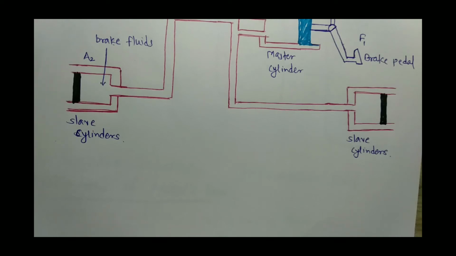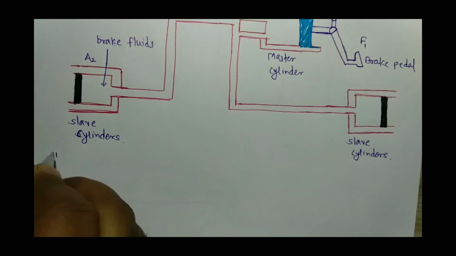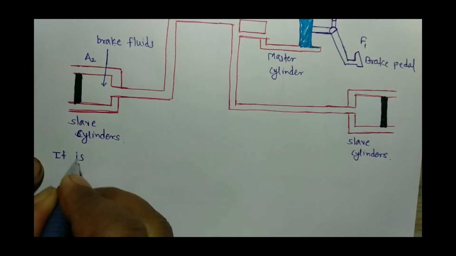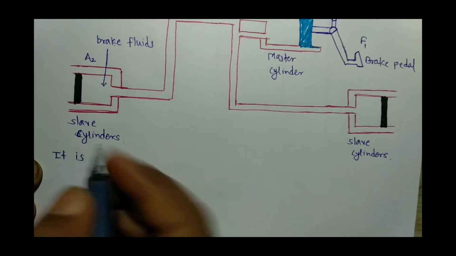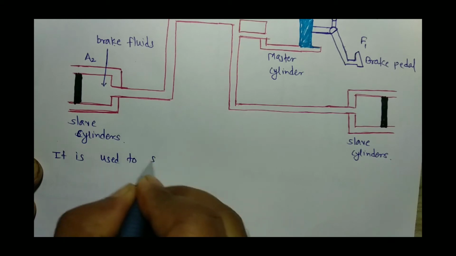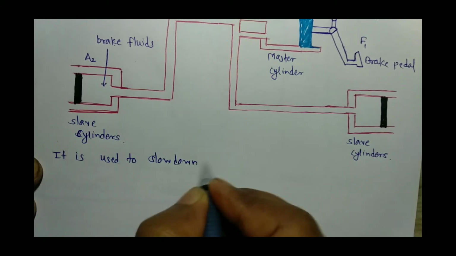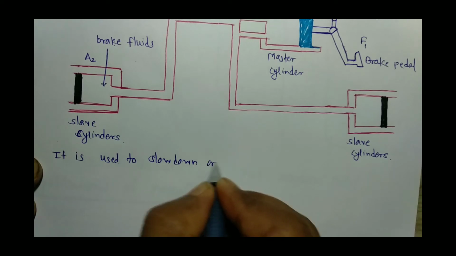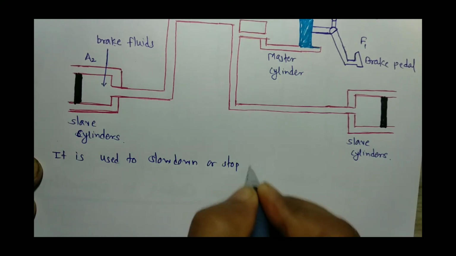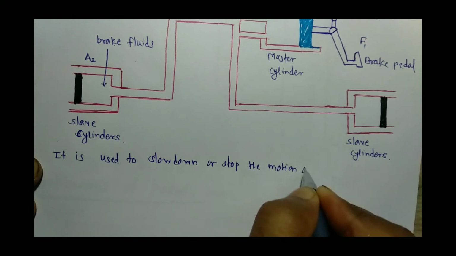First of all, what is the use of hydraulic brakes? It is used to slow down or stop the motion of a vehicle.